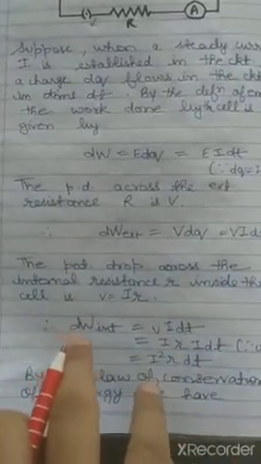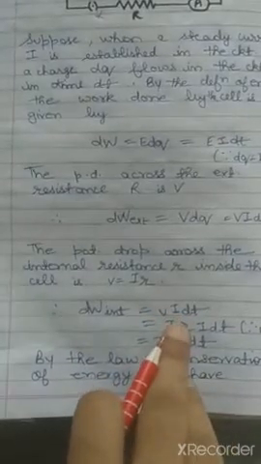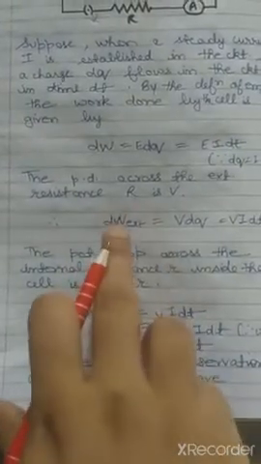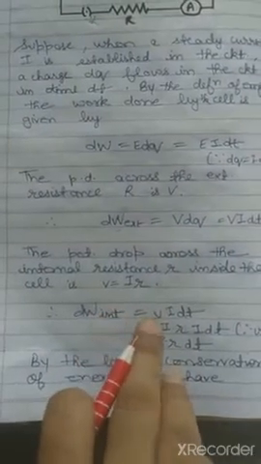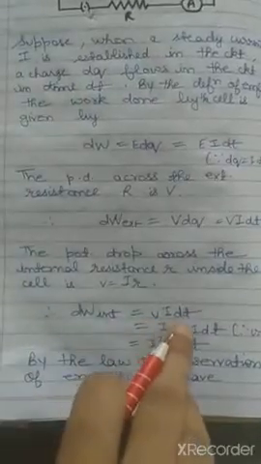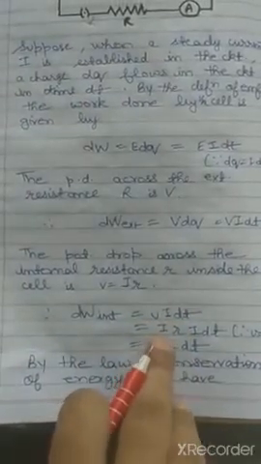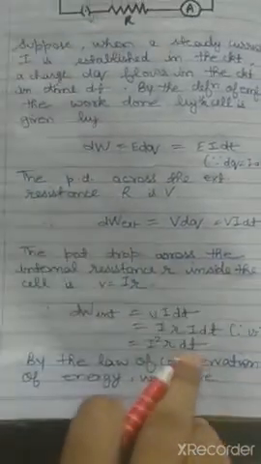Now we can write the internal work done as small v into I dt. Just like for external it is capital V dq, here it will become small v dq, and dq will be I dt. So this will become I r into I dt, so this will become I square r dt.